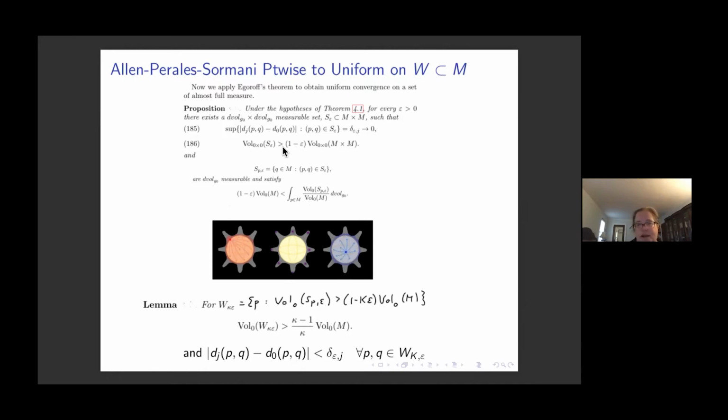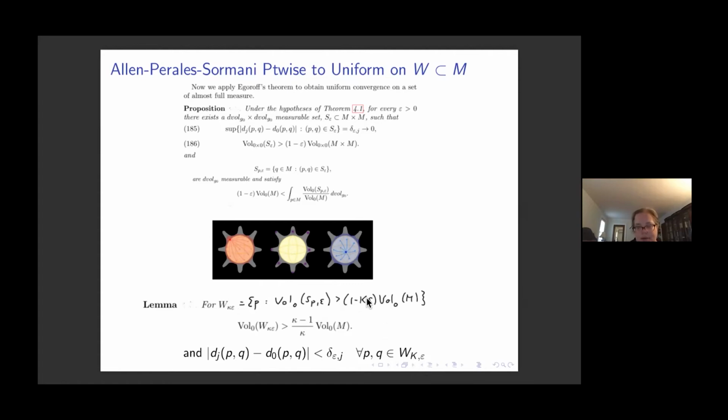The epsilon is about how close we are and how well behaved things are. So now I'm only going to choose the P's that have big S_P epsilons. And we show that the volume_0 of W_{K,epsilon} is bigger than this. This is all in the work with Allen and Perales. And we have that the distances are controlled on this W_{K,epsilon}.